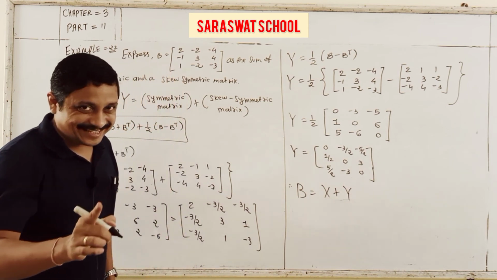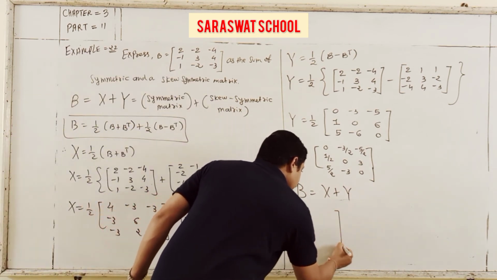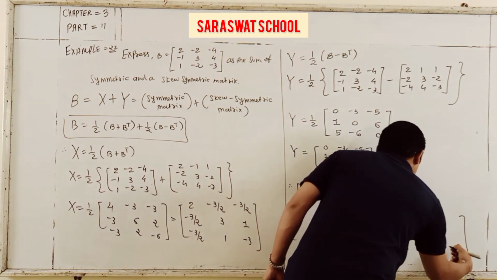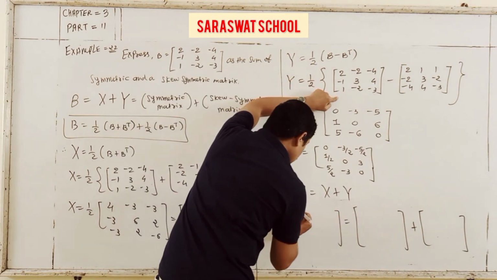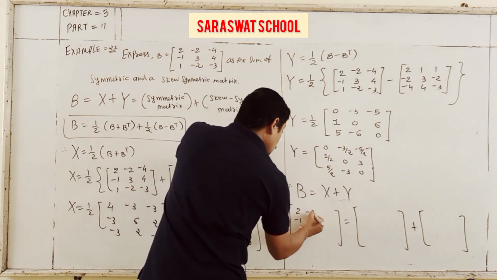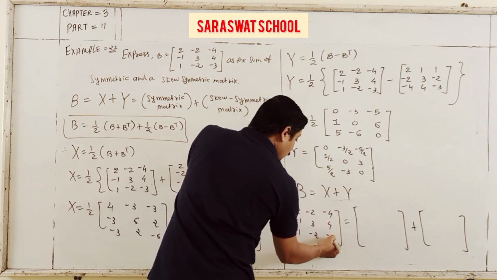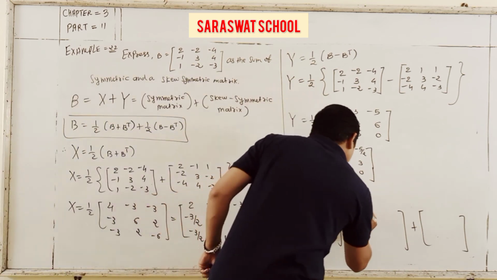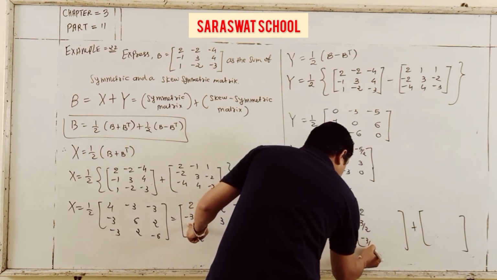So finally you will cover that B matrix is the sum of the two: one is the symmetric matrix, the second is a skew symmetric. So here matrix B, matrix X and matrix Y. What is your B? B is, yes, 2 minus 1 1, next minus 2 3 minus 2, and minus 4 4 minus 3. X is also known, that is 2, minus 3 by 2 and minus 3 by 2.